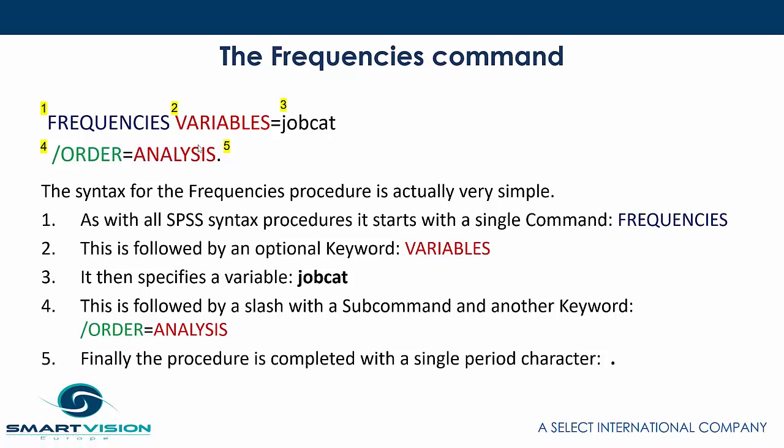And as we'll see, we can actually have a much simpler version of the syntax. But the key bit here is that all syntax begins with a command word, ends with a full stop, and has something in between. Some of the stuff in between is optional, and some of it's default, if you like. So that's the only thing you need to take away at this stage.